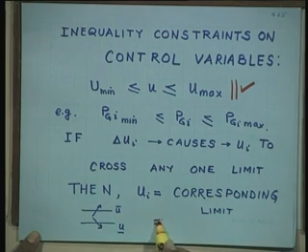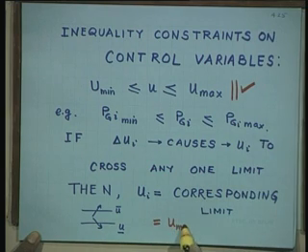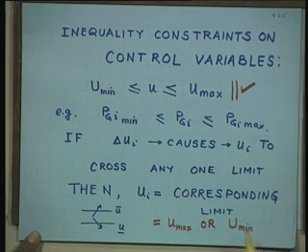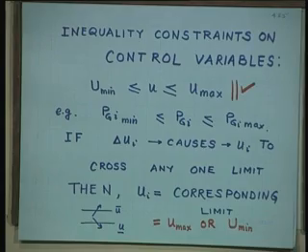That means either it will be u max or it will be u min. It cannot be both, and proceed, because you cannot have a gate opening more than the gate. Suppose you have 10 rupees, you cannot spend more than 10 rupees, that is the upper limit. So, spend 10 rupees only.